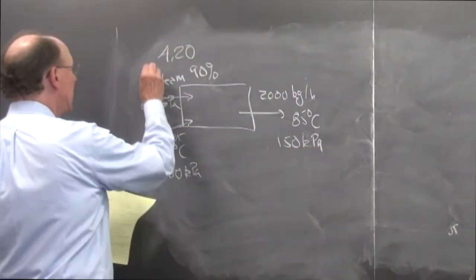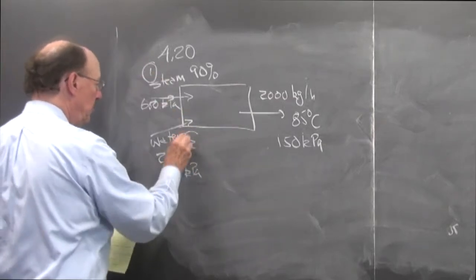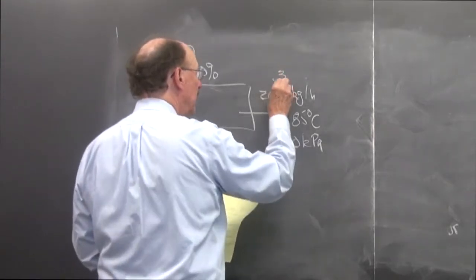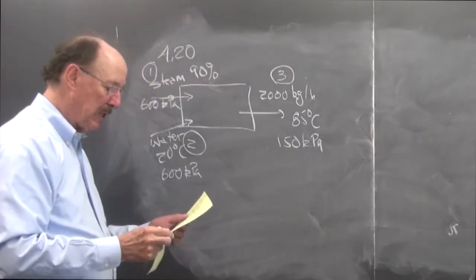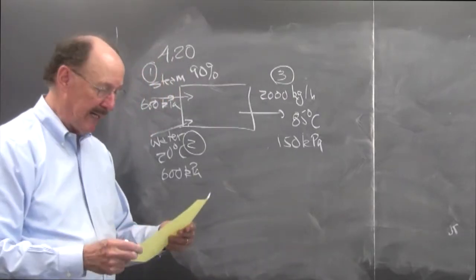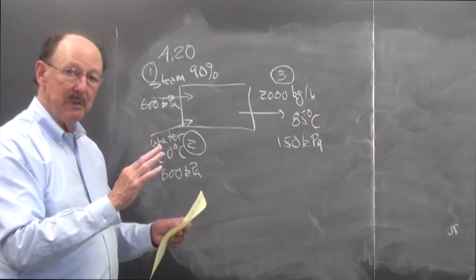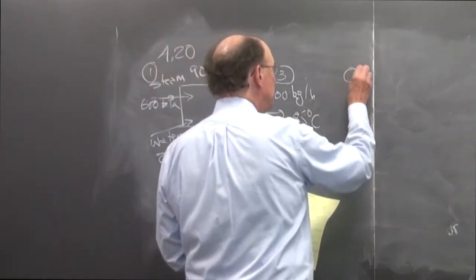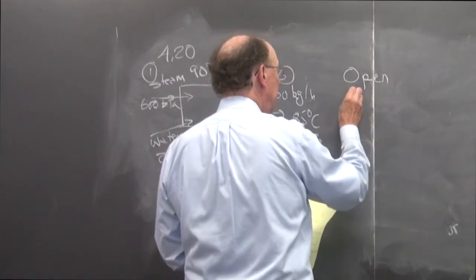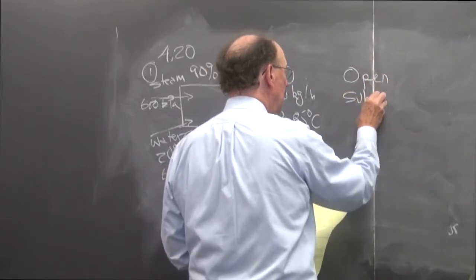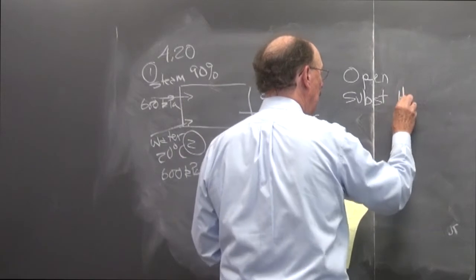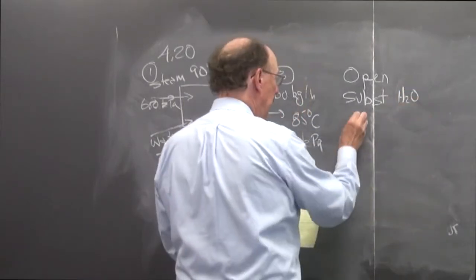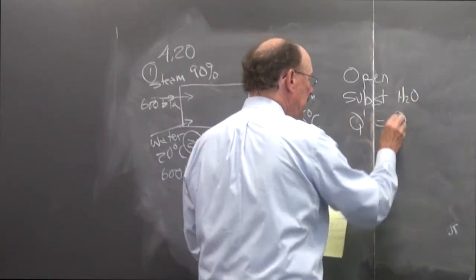So we'll call this state 1, state 2, and state 3. And I want to be able to look up the properties, but before I do that, let's go through the problem-solving process that we had talked about. So it's an open system. The substance is water. It's adiabatic.